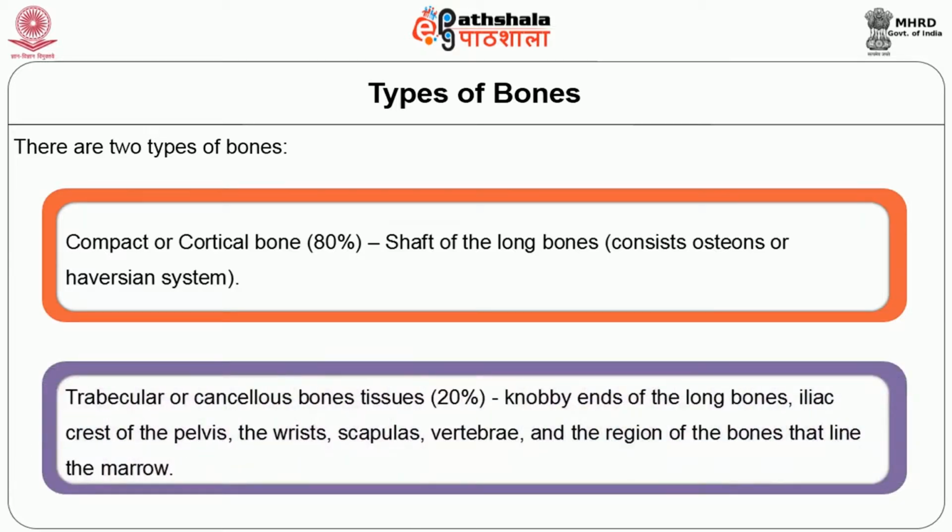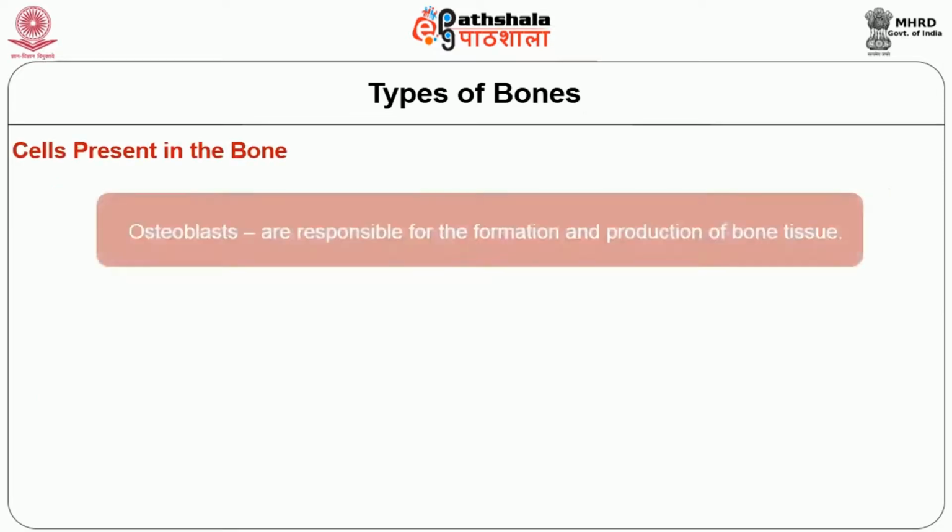The next type is trabecular or cancellous bone tissue, which comprises 20% of your body. Here, knobby ends of the long bones, iliac crest of the pelvis, the wrist, scapula, vertebrae and the region of the bones that line the bone marrow. This cancellous bone is also called spongy bone or spongiosa.